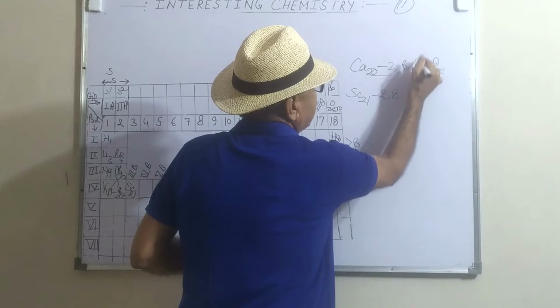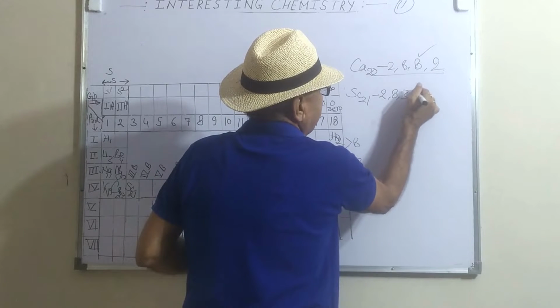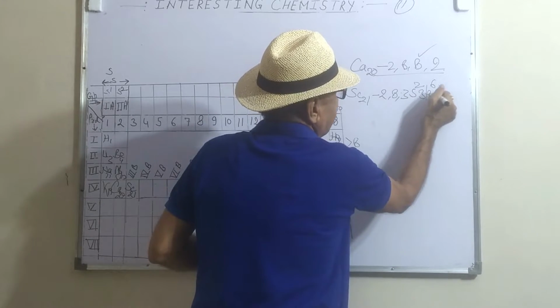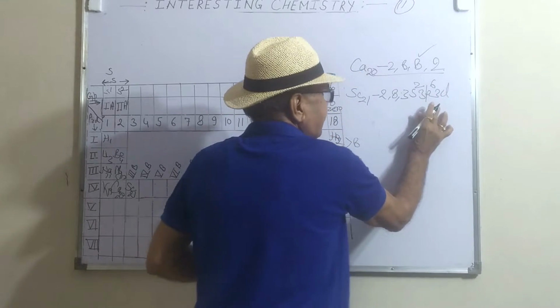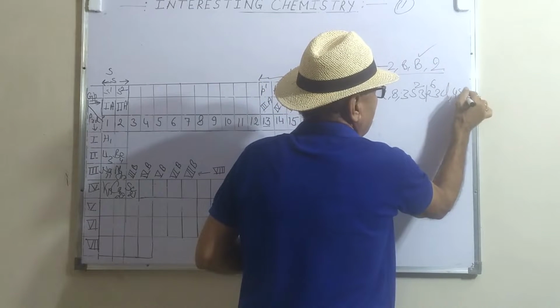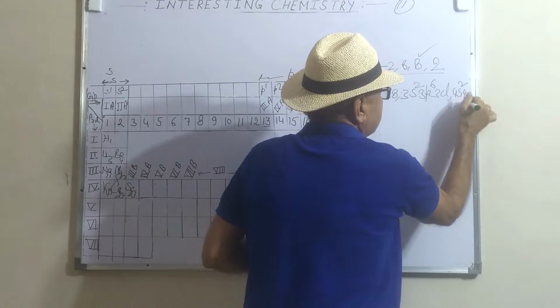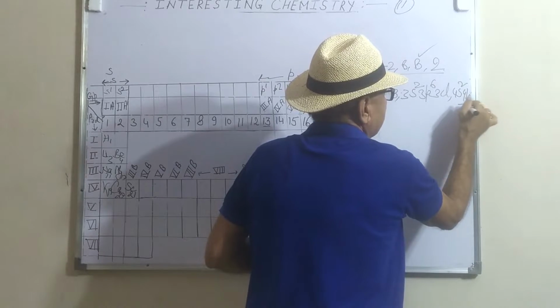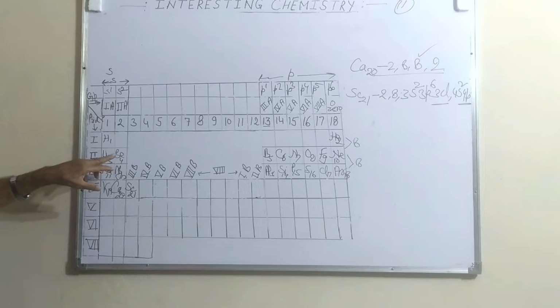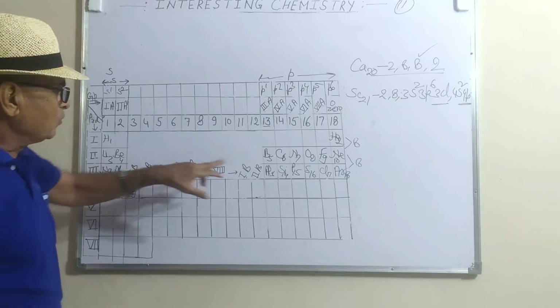Then I will write here 3s2, 3p6, 3d is there, that is vacant, and these 2 electrons are in 4s2, and there is also a p. In the third period after the p orbital, 3s, the electron goes to 13.